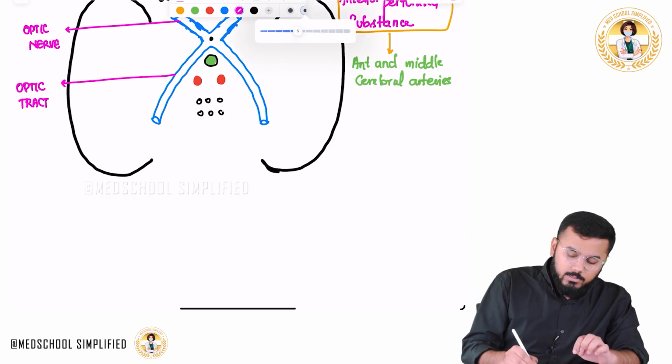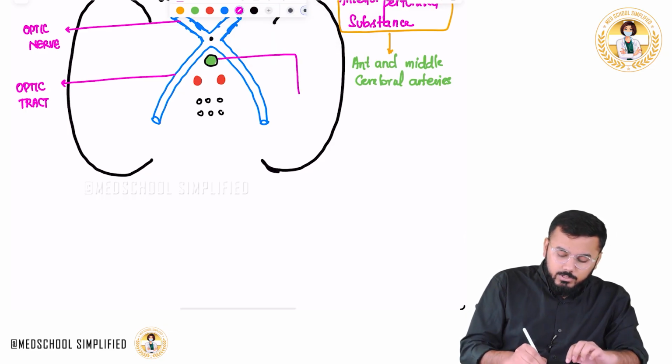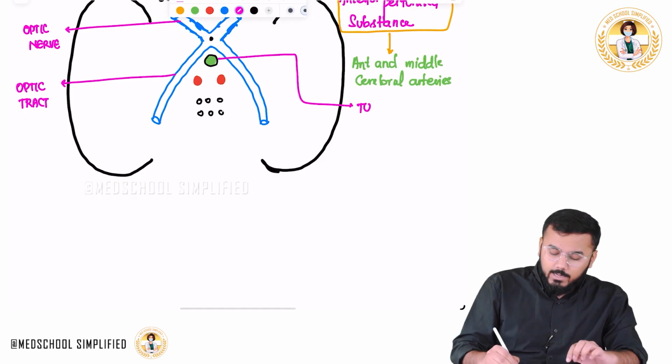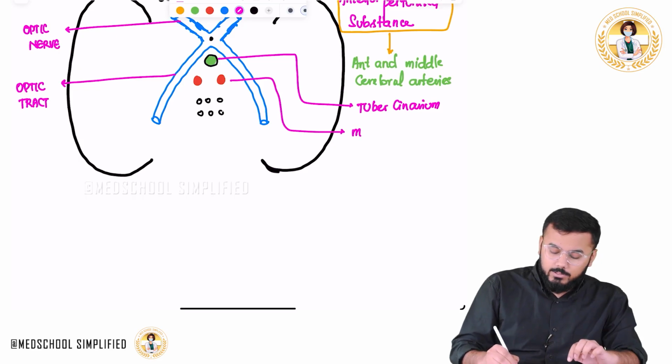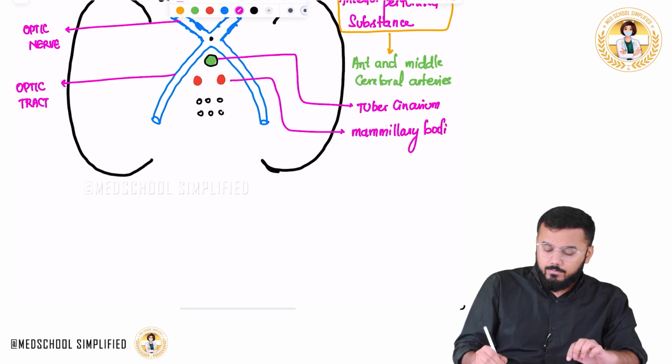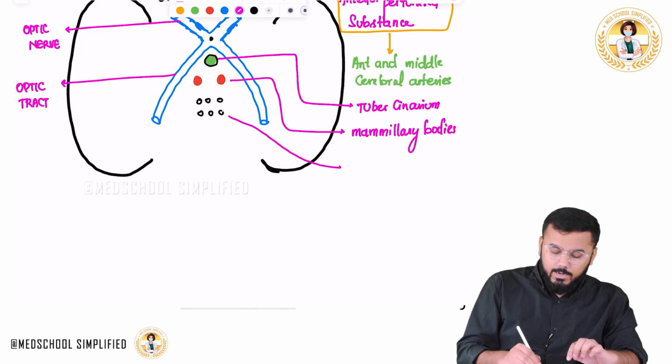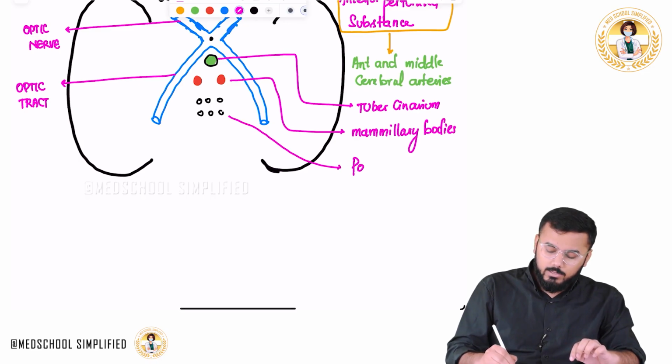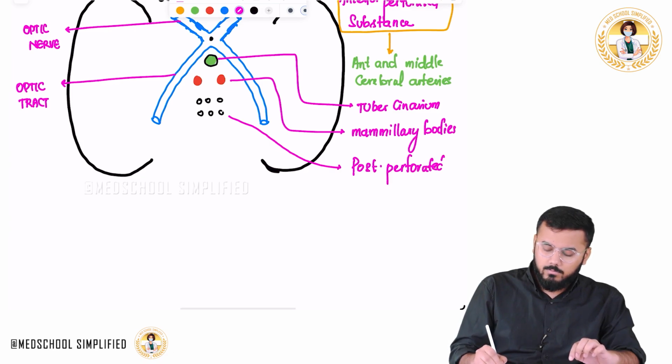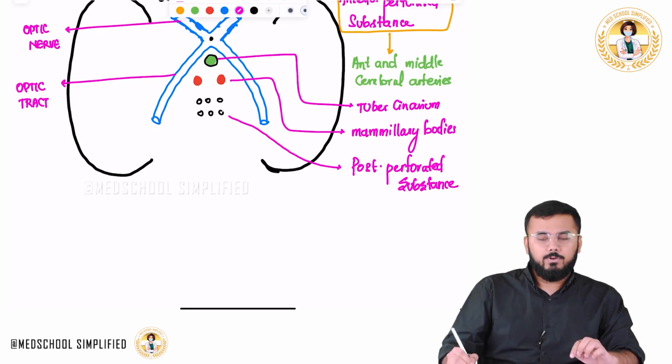Okay, so let me label these things down. This one over here, you call it the tuber cinereum. This one over here is called the mammillary bodies, and these structures over here are called the posterior perforated substance.